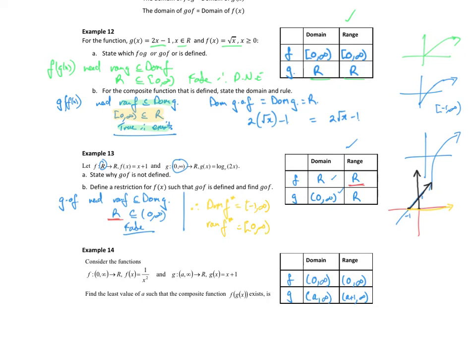But we can't have 0, so I've got to make everything a round bracket. So if I make that a round bracket there and a round bracket there, so there's my new domain of f.